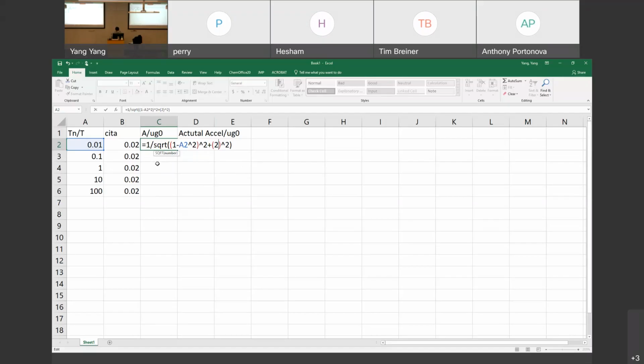No, 2 times theta. Ratio here. That's the A value. And we can also get the actual ratio here. And that's equal to square root of everything inside.